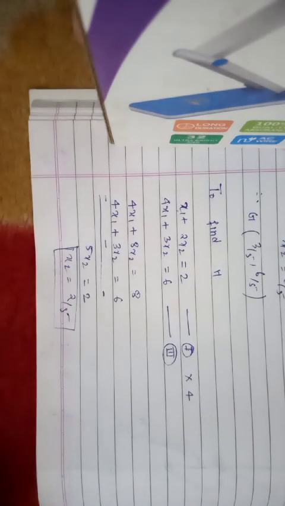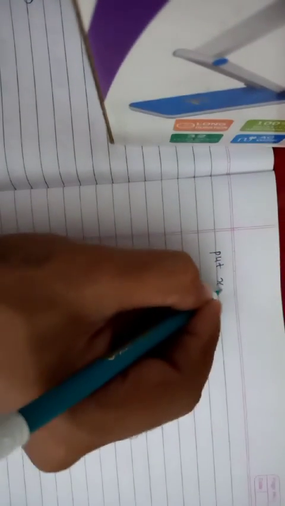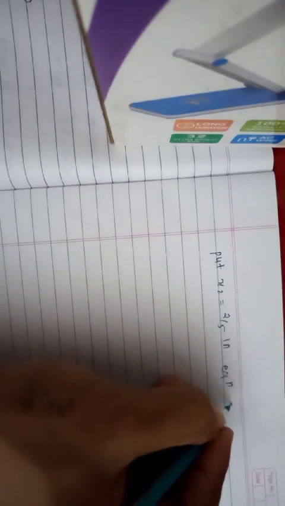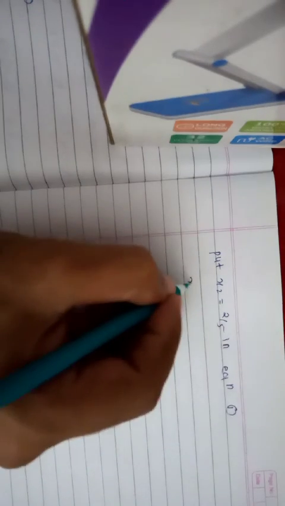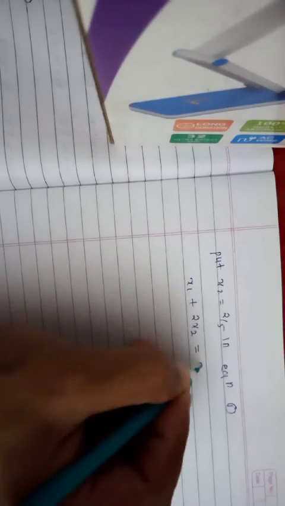Now put x2 in equation 1. Put x2 is equal to 2 upon 5 in equation 1: x1 plus 2x2 is equal to 2.